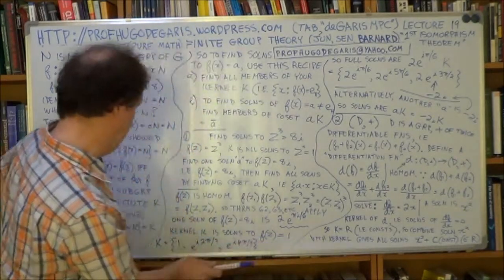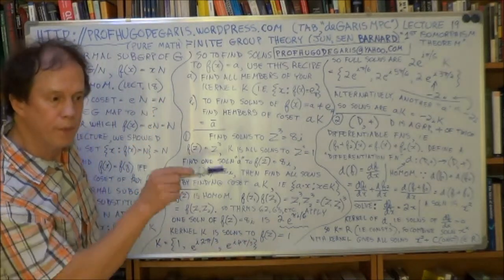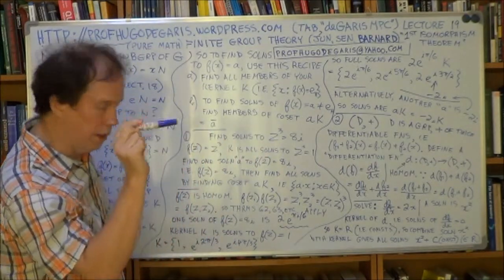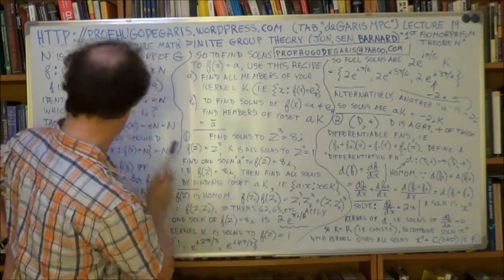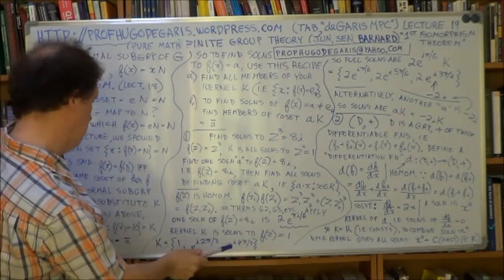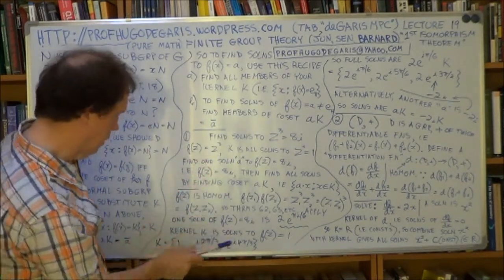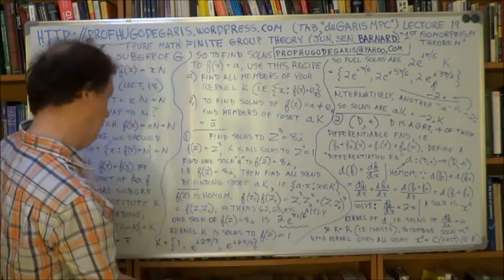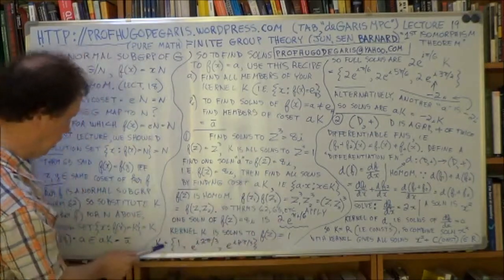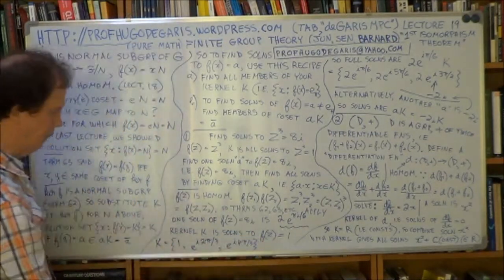Well, the unit is just 1, because the binary operation here is multiply. So the unit in h here will just be 1. So we need to find the kernel, the set of elements that map to 1. Not 8i, just 1. Well, here's your kernel. Here are the solutions, 3 of them, that map to 1.